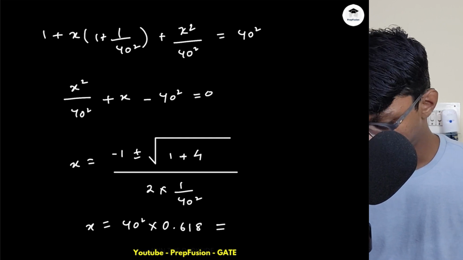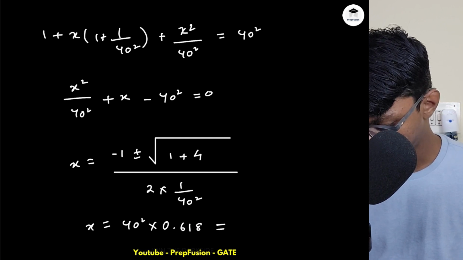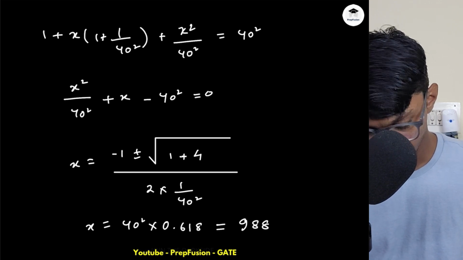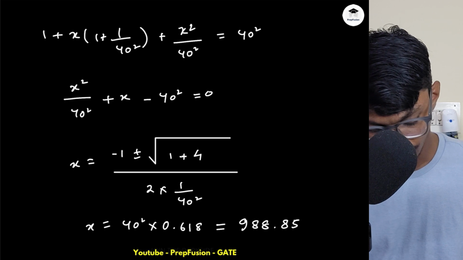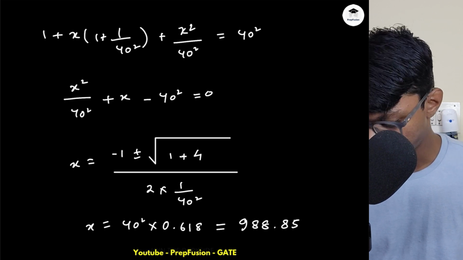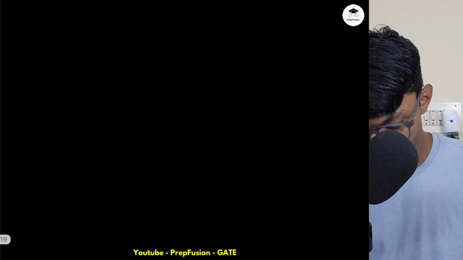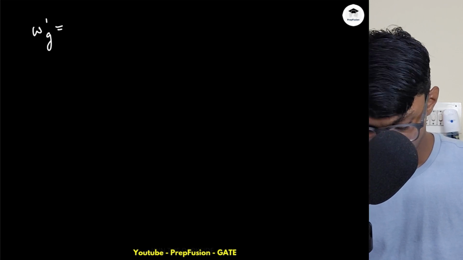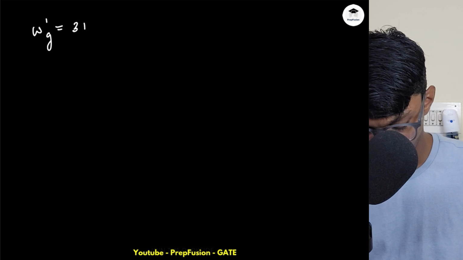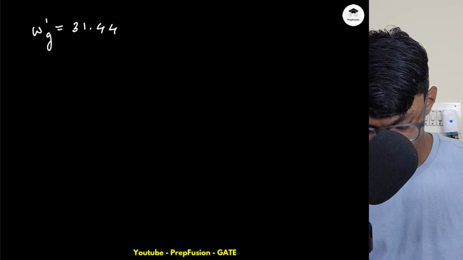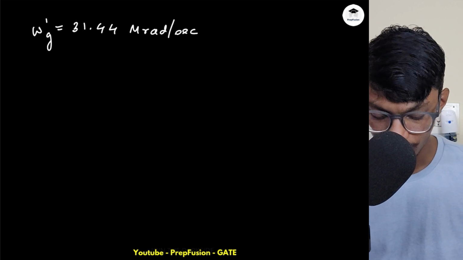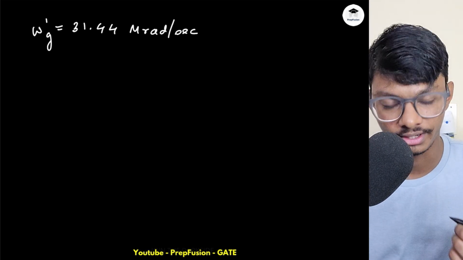So it will be almost equal to, if I do 40 square, 988.85, and if I take the square root of this, my omega g dash will be 31.44 mega radian per second. Okay, so omega g dash is 31.44 mega radian per second.